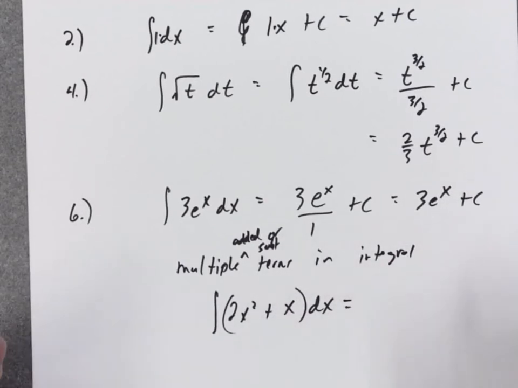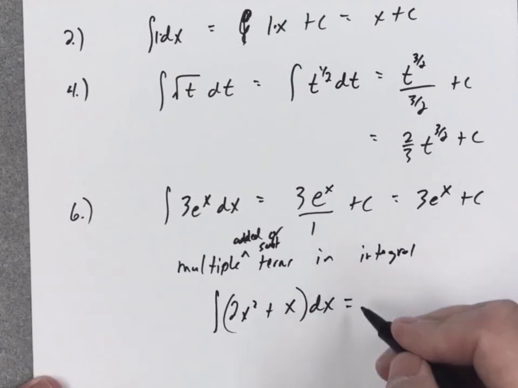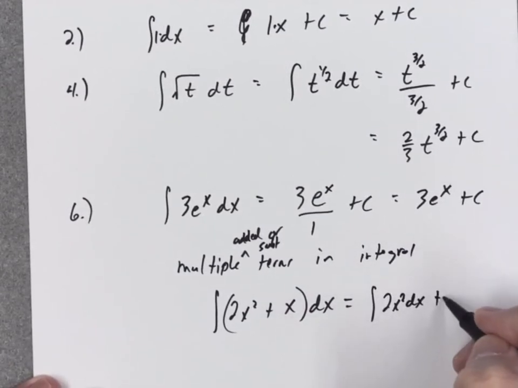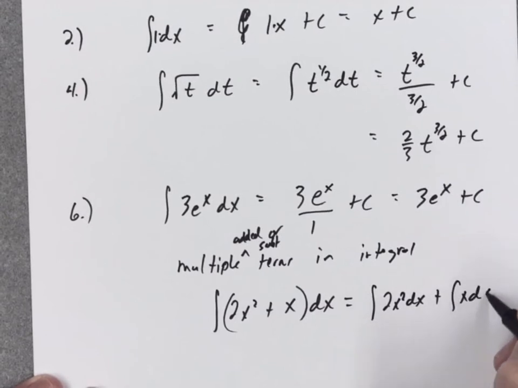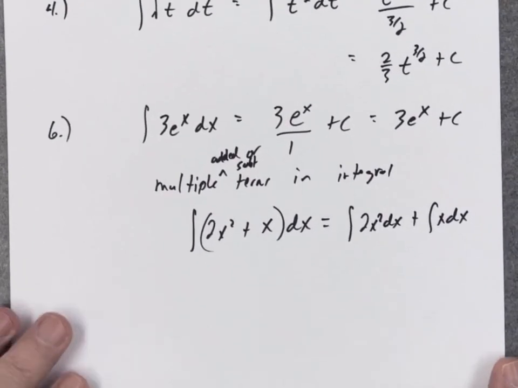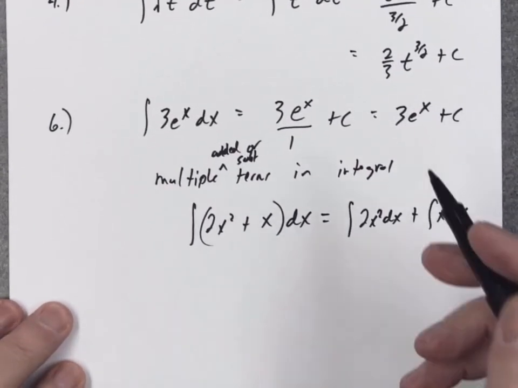I'm going to write it out this time, but in the future you would never write this out because it just takes time. But the idea is you can actually just separate them into 2 different integrals, and you just integrate them one term at a time. So, not very difficult, very intuitive. If you were to guess what to do, that would maybe be your guess.